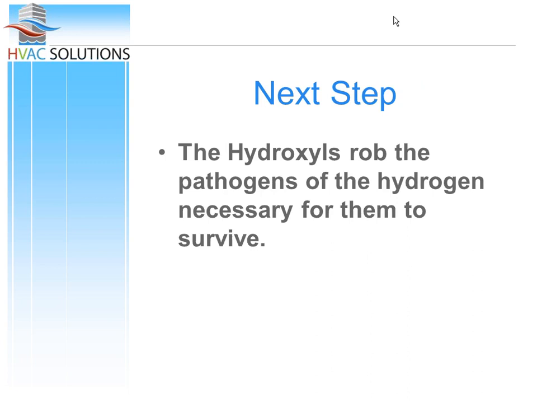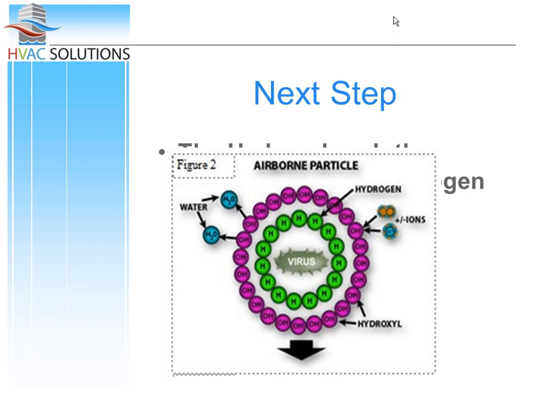So it's literally ripping the hydrogen out of that cell, whatever it is, and it's not able to survive. It's very similar to other indoor air quality processes, but instead of ripping out an electron or a neutron, we are ripping out the hydrogen. So that cell is not able to live anymore.